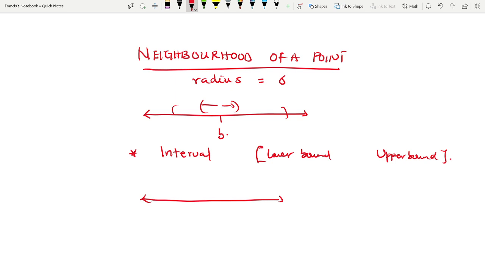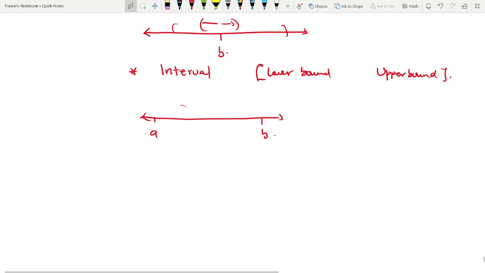So let's see something here. On the number line, I'll have my lower bound to be A, I'll have my upper bound to be B. Within this interval, I have a center, okay? I have a center C. So once I get my center C, you realize that from A to C will be the same as from C to B, because C is the center, and I'll call that the radius.